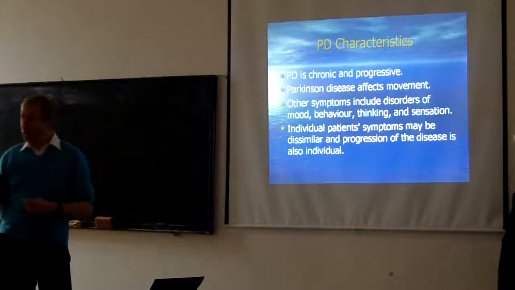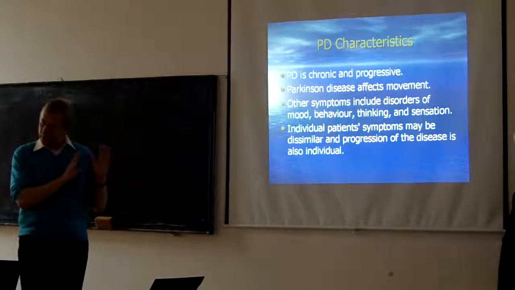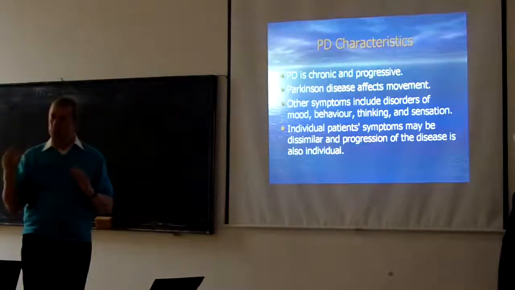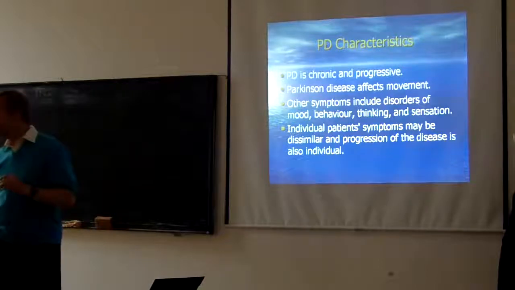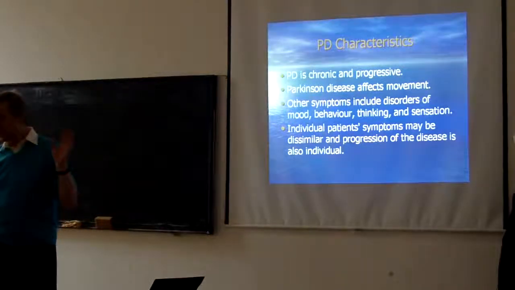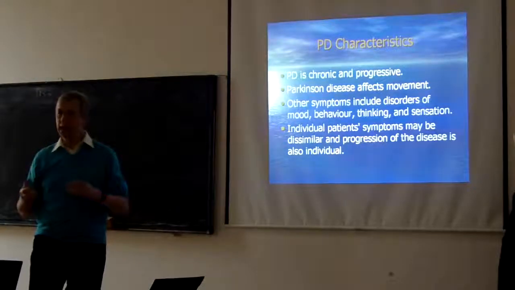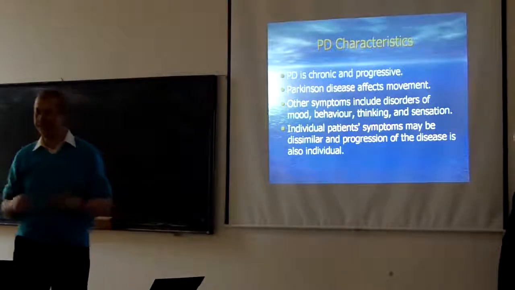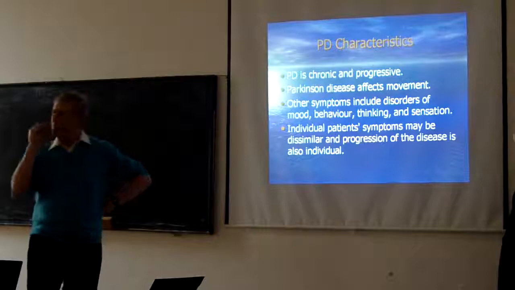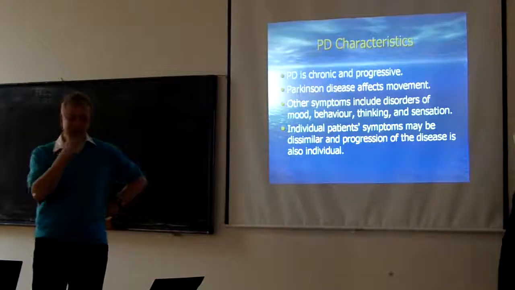The average life expectancy is not actually too much affected, but would be about 9 years. But that's just typical for people aged 61 around the world. I think that might be increasing now as people live longer.